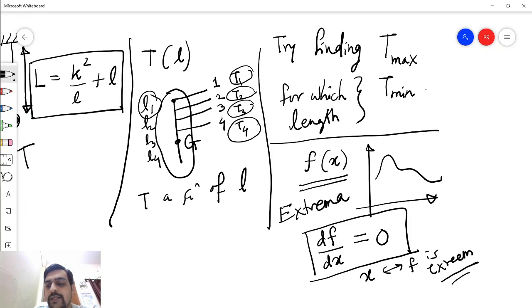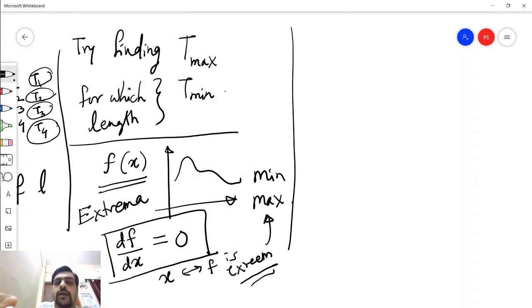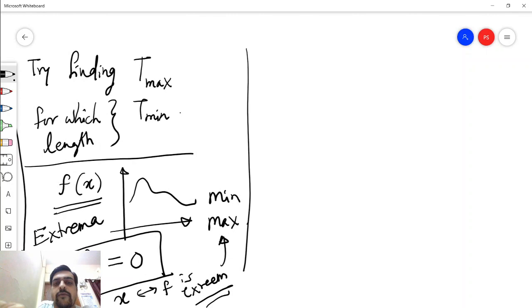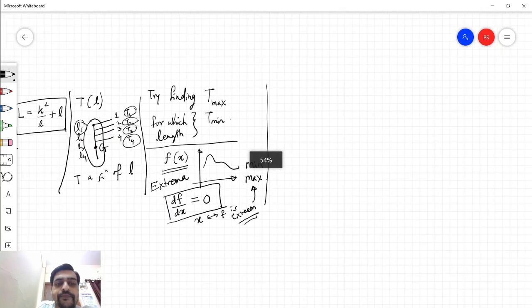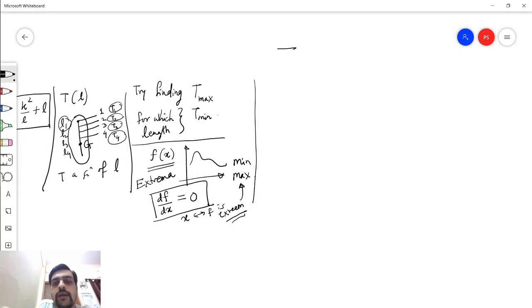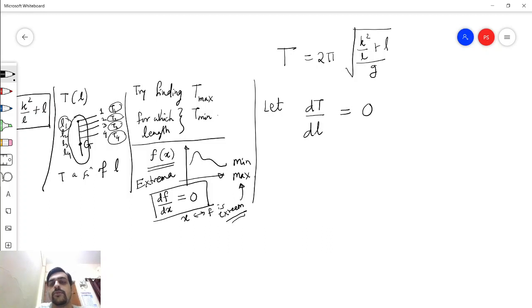Extreme in the sense either minimum or maximum. So accordingly, we will take this formula of t, which is 2π under root k squared by L plus L by g, and let dt by dL be set equal to 0.